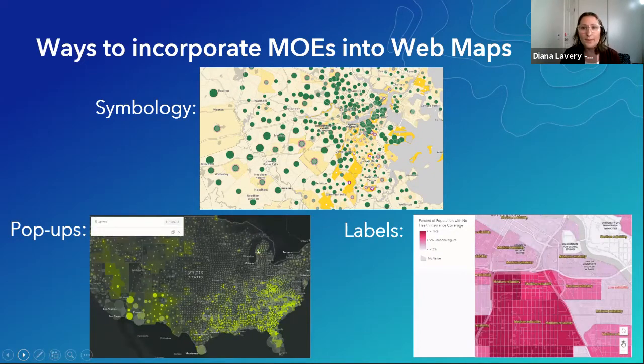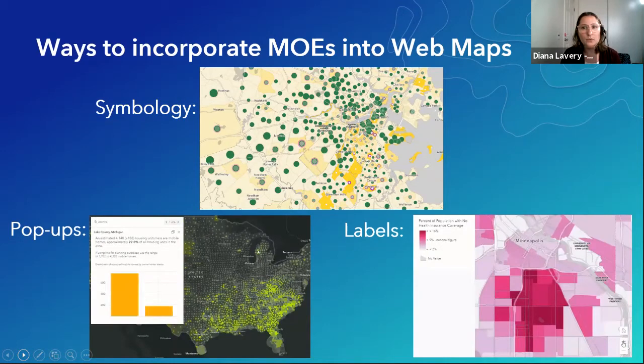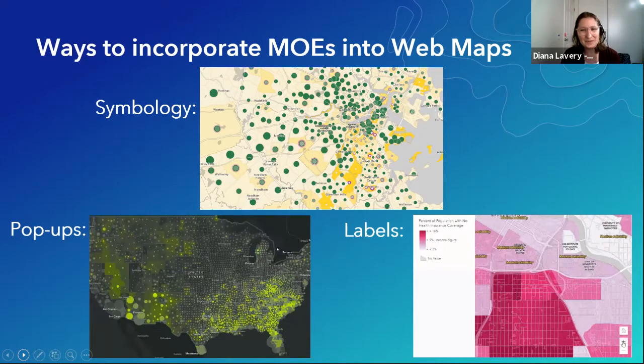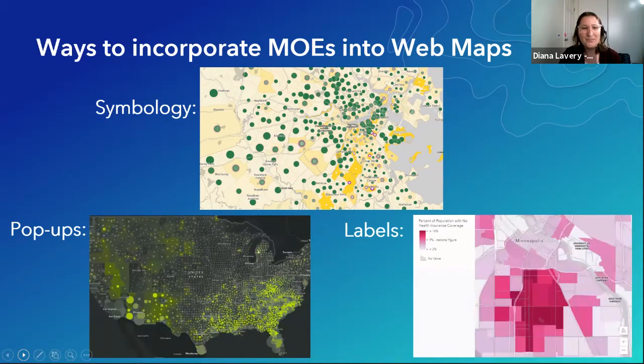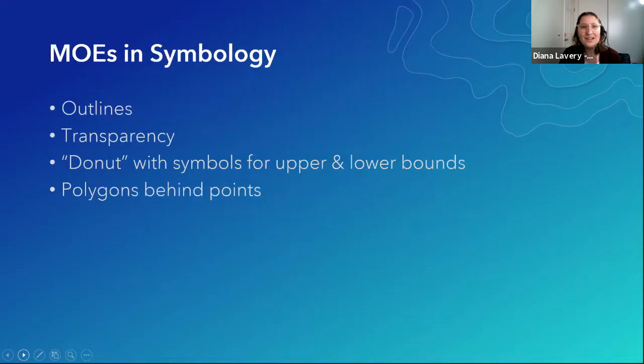And then with web maps in particular, there are options for pop-ups and labels as well to communicate margins of error. For symbology, we have the options of using outlines or transparency, also creating donut effects by mapping both the upper and the lower bounds, and polygons behind points.